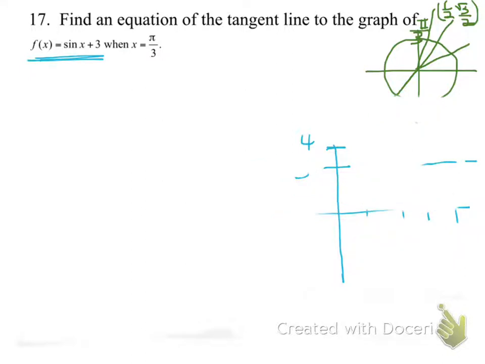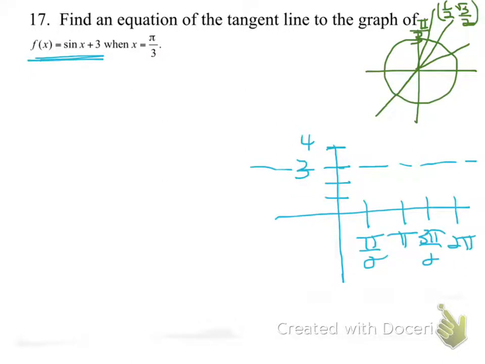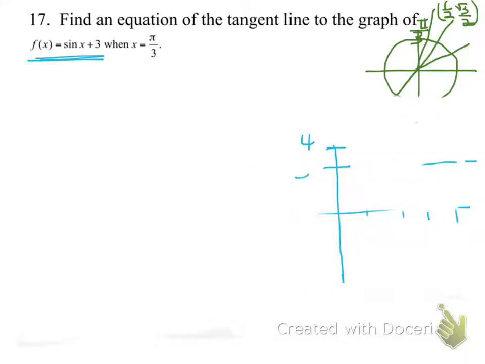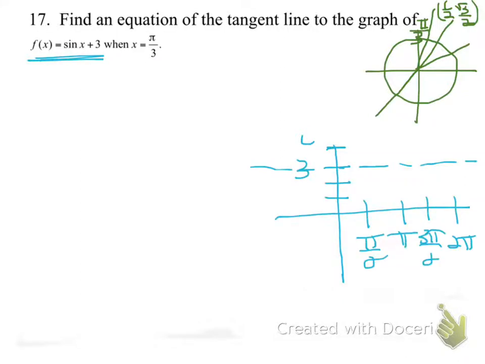Let me go back. It's going to start here. It starts here, goes up 1, down, down again, back up 1. Then I'm going to connect those lines. That's my f of x.